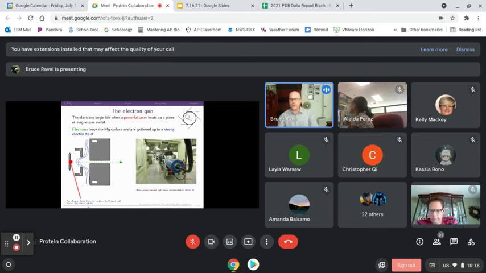Well, how does this thing work? They don't all work quite the same. So over here, I've got a little schematic that tries to explain how the electron gun that we have here at NSLS2 works. The way it works is there's a little piece of metal. It could be almost any metal. I believe what they use here is the metal magnesium.